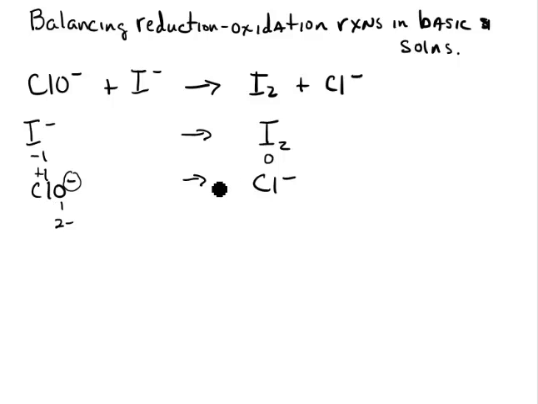So Cl starts as +1. It becomes a -1. And to do that, it's got to pick up 2 electrons to change its charge from +1 to -1.